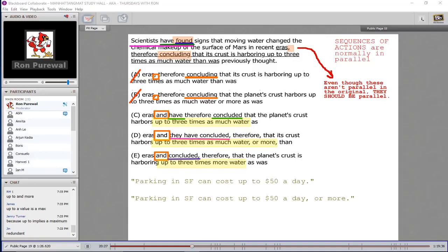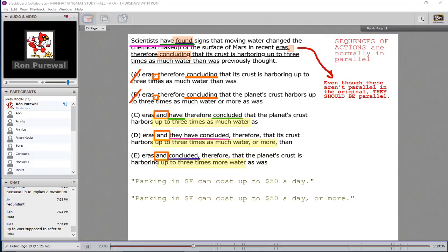I think you guys are getting at the right idea. We're just not quite choosing the right word. It's not really redundant either, because or more definitely does not mean the same thing as up to. Yeah, right. The problem with this, which I'm pretty sure is the idea that all of you are trying to get at here.